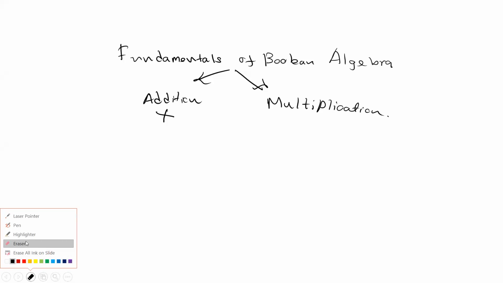Even in mathematics, you may have used that dot notation before. And here in algebraic notation also, we consider the dot as the multiplication symbol. So we have two different mathematical operations that are applicable for Boolean algebra.